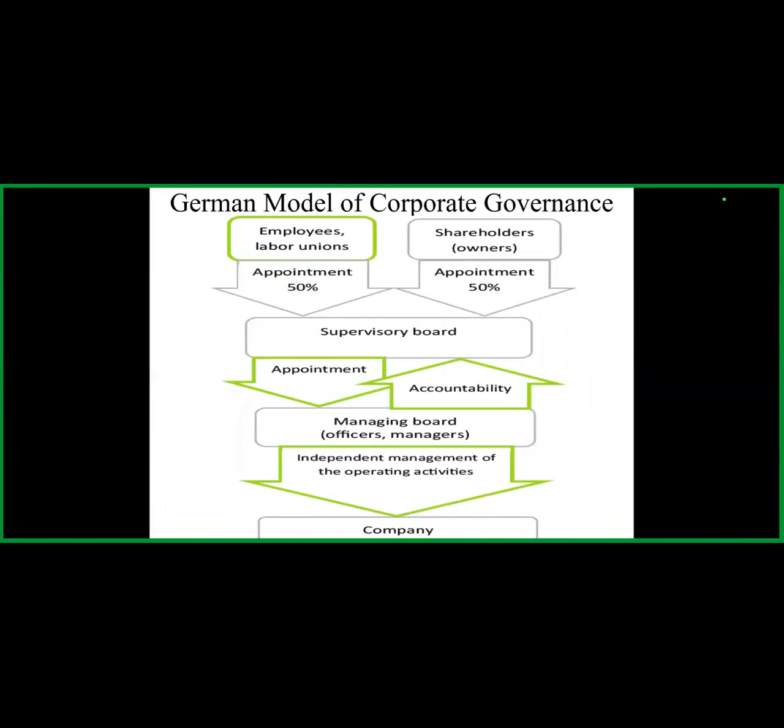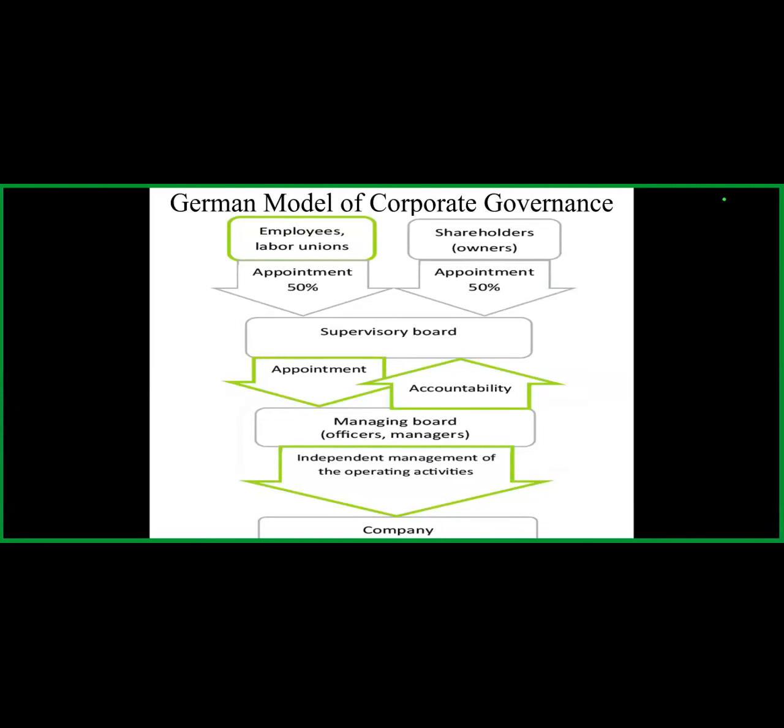Now, the next model is the German model. The two models which we had seen are more or less on the same lines. The name is Board of Directors in the Anglo-Indian model as the highest authority, whereas there is a change in name, Supervision Board, in the Japanese model of corporate governance.